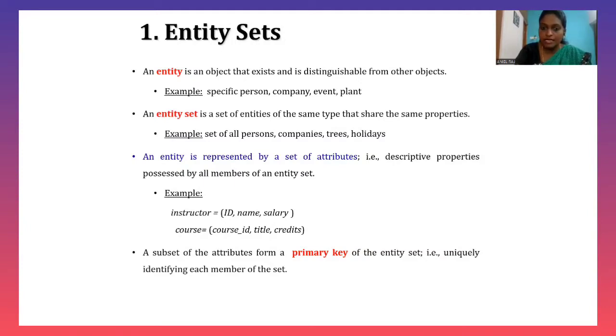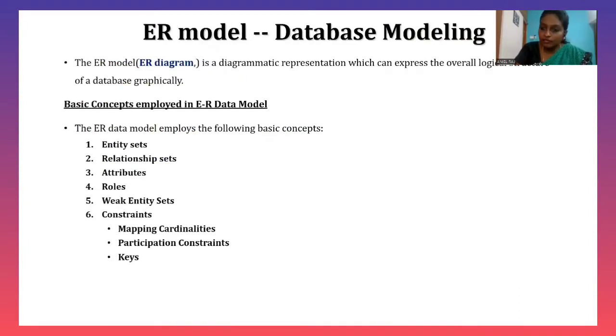If I say a classroom, the entity could be a faculty, a student, a test scheduled, or the attendance maintained. Any real life thing that is going to be connected with us is an entity. An entity set is some set of information put together that has some specific characteristics.